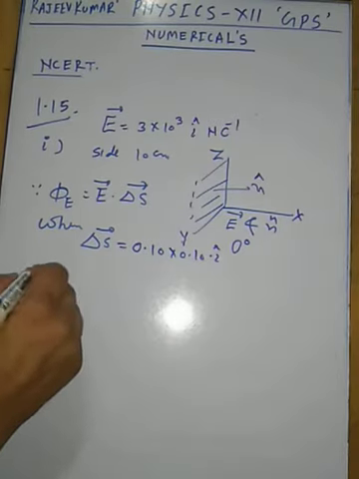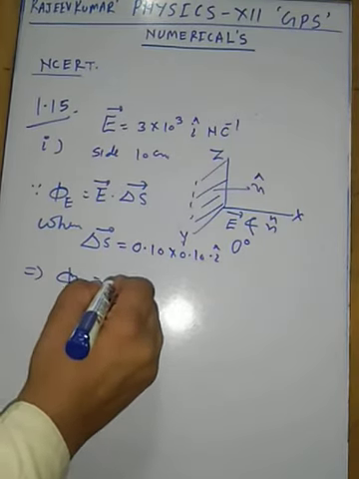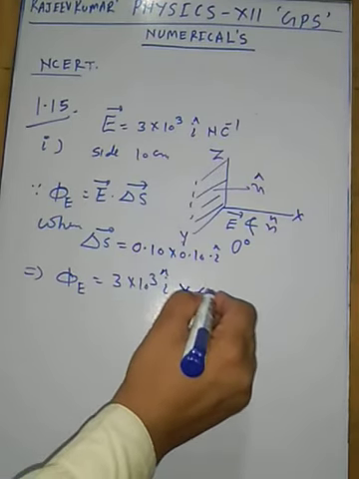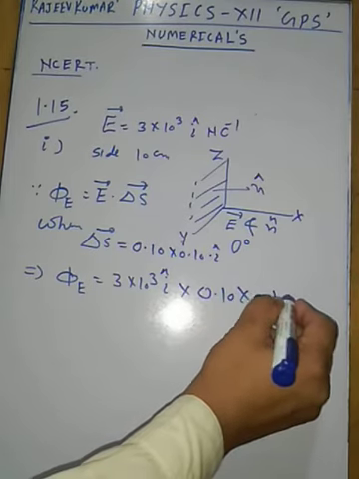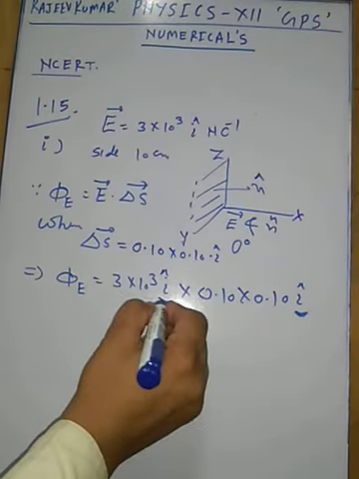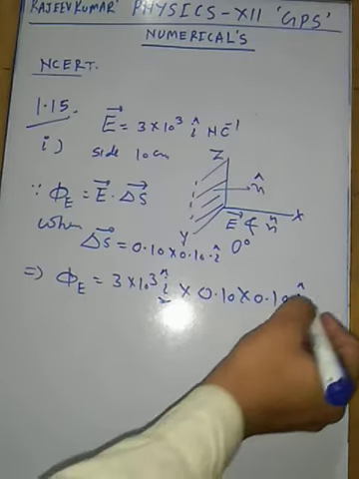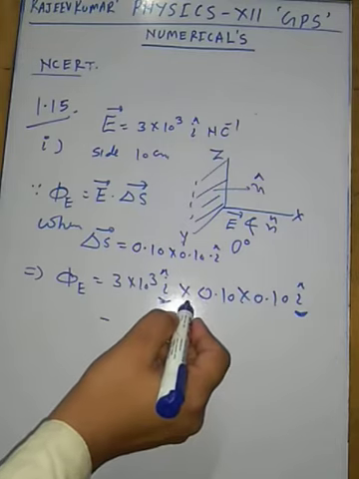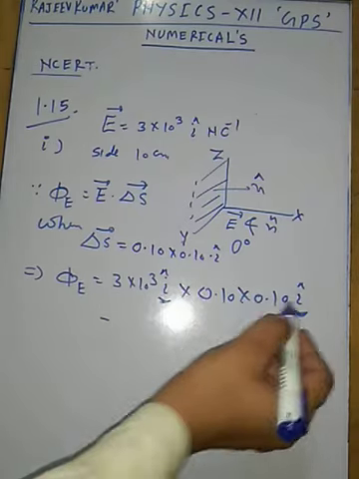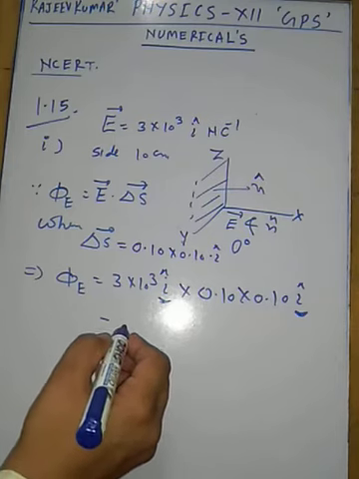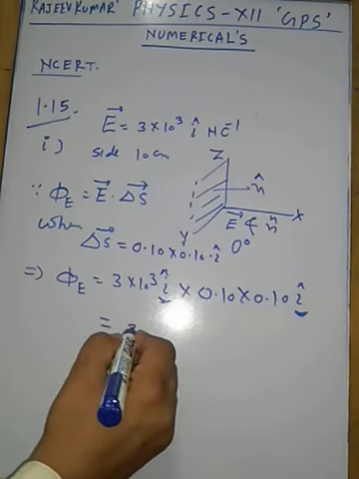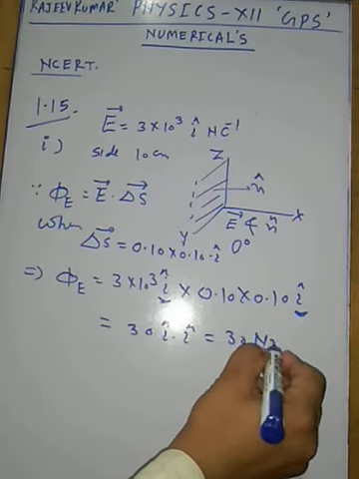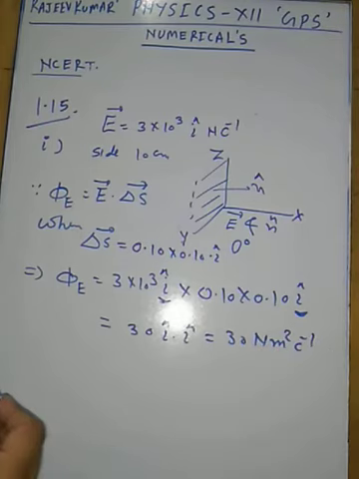Therefore phi E is equal to 3 into 10 raised to the power 3 i multiplied by 0.10 into 0.10 i. The dot product between these two will be 1. This is the sign of multiplication only, not the cross product. i dot i is 1. That is why we can simplify it as 30 i dot i, which is equal to 30 Newton meter square coulomb raised to the power minus 1.